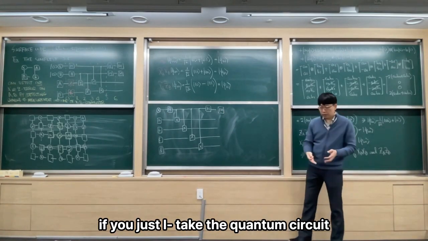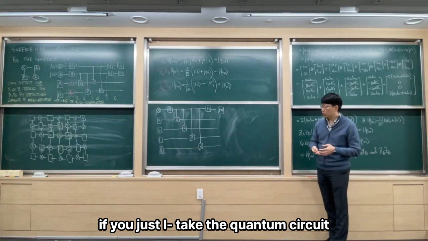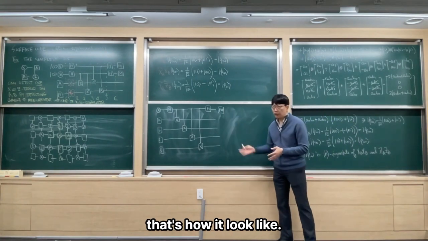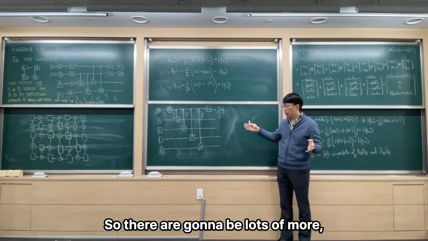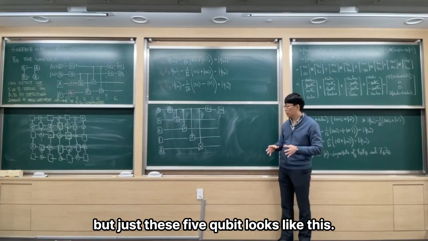If you just take the quantum circuit for these 5 qubits, that's how it looks. There are going to be lots more, but just these 5 qubits look like this.